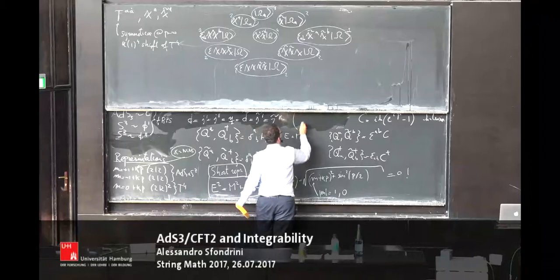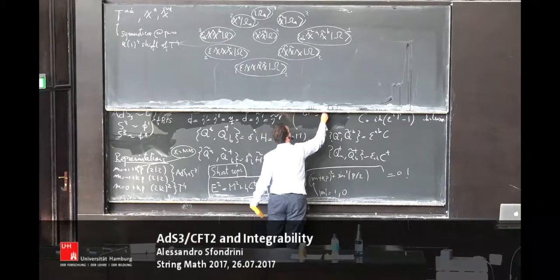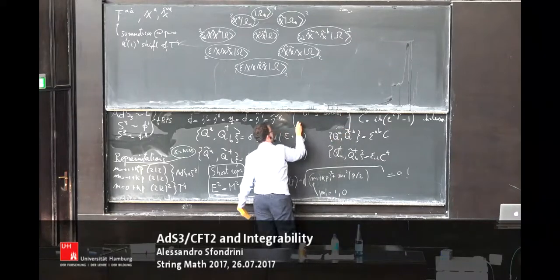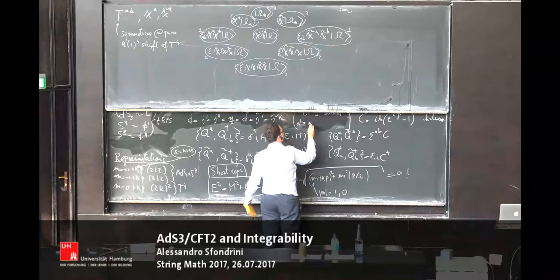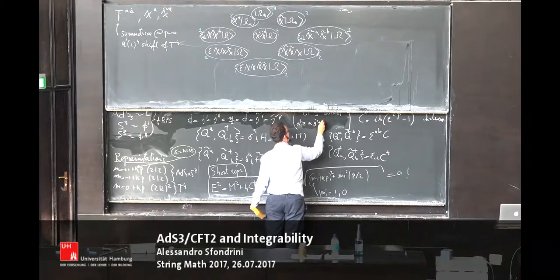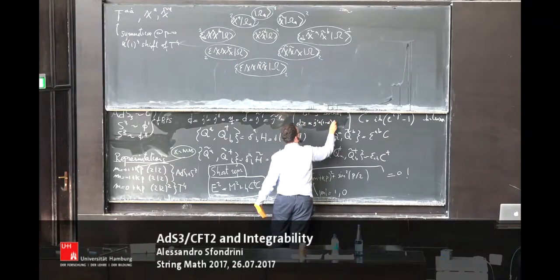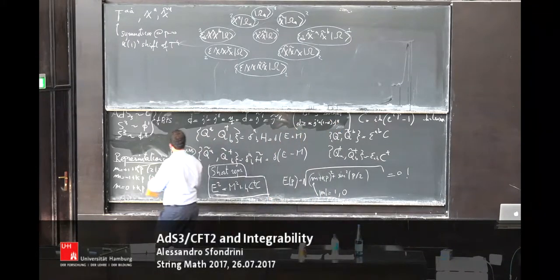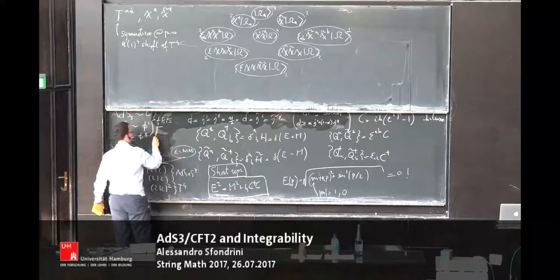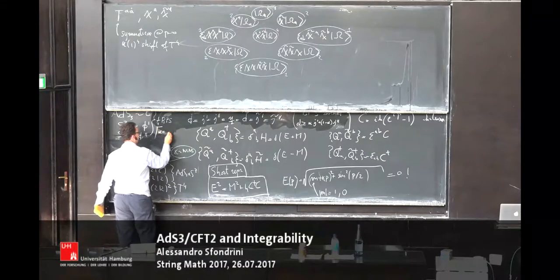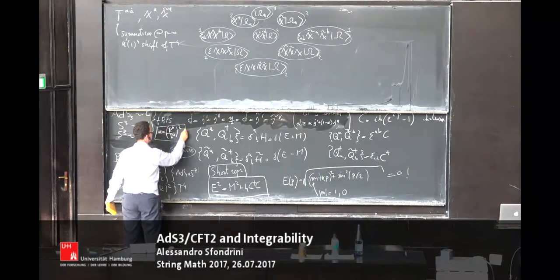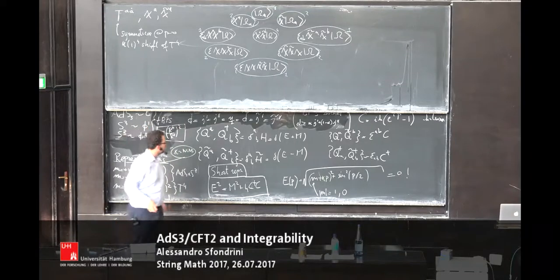And the BPS bound is now D greater or equal than alpha J prime plus 1 minus alpha J double prime. Now this alpha is the parameter of the 2-1 alpha, and just to remind you, alpha is related to the ratio of the radii of the 2 spheres. So it's some geometric property of your background.